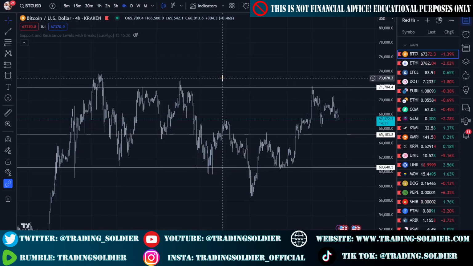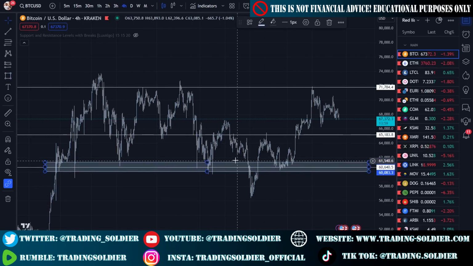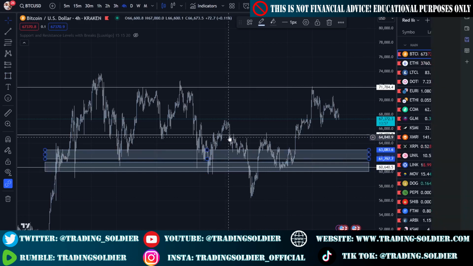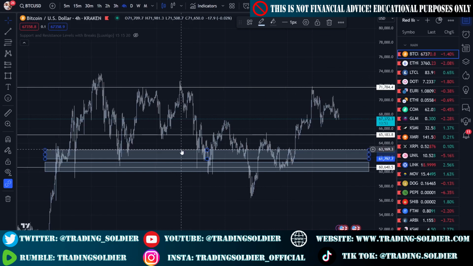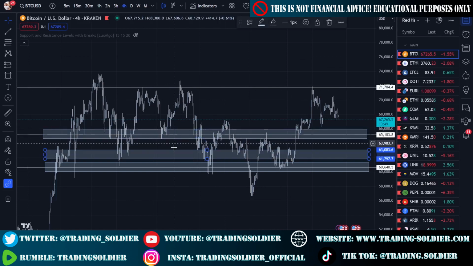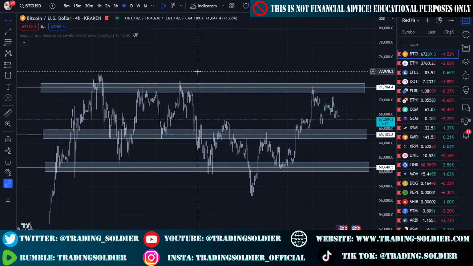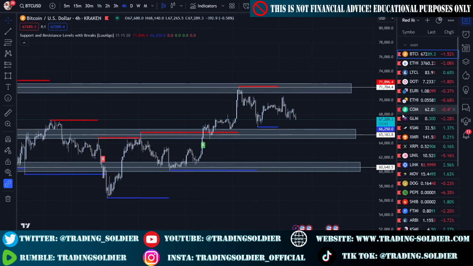From my experience, I prefer to identify support and resistance levels by weak rejections and draw them manually in the chart with a line, as I did right now, or with a rectangle. And as I said before, this indicator by LuxAlgo is providing you with last swing highs and last swing lows, but for me they are not support and resistance levels by themselves.